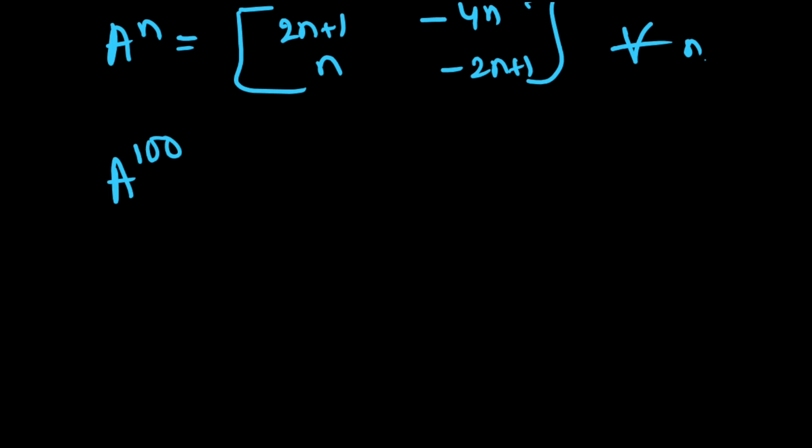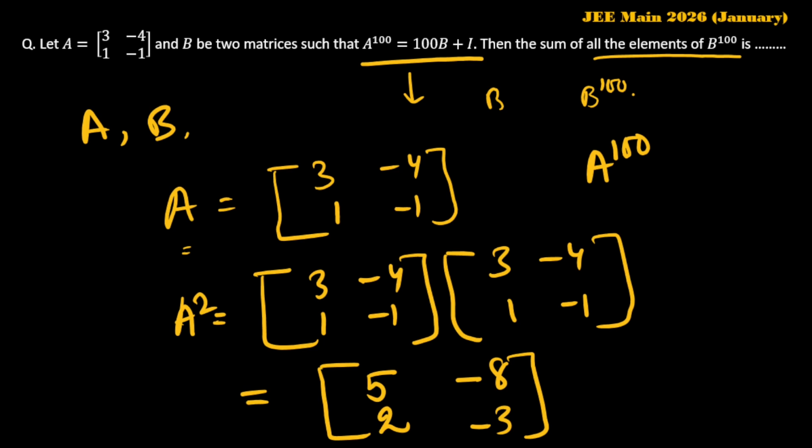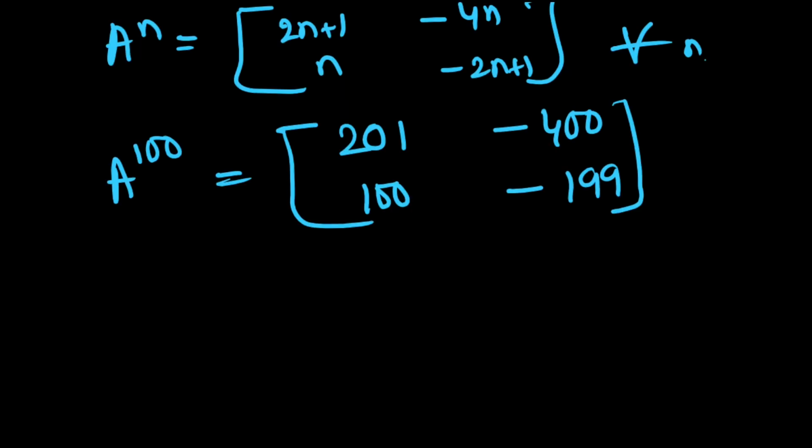We just put n equal to 100, that is [201, -400; 100, -199]. It is given in the relation that A power 100 is equal to 100 times B plus I, where I is the identity matrix. So A power 100 is equal to 100B plus identity.